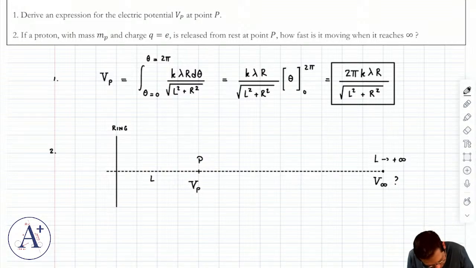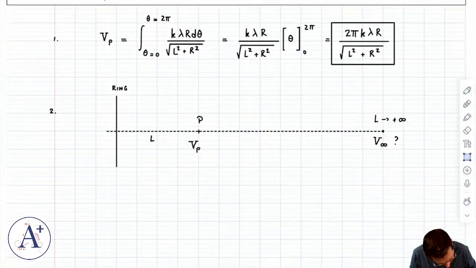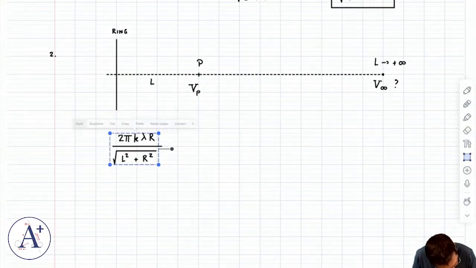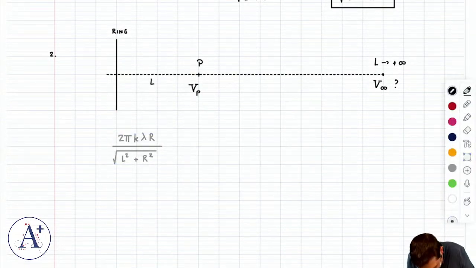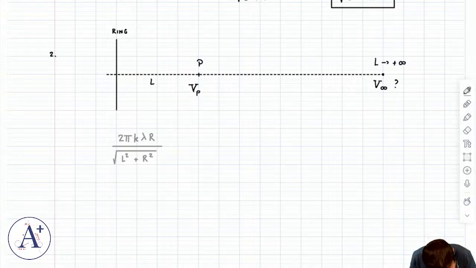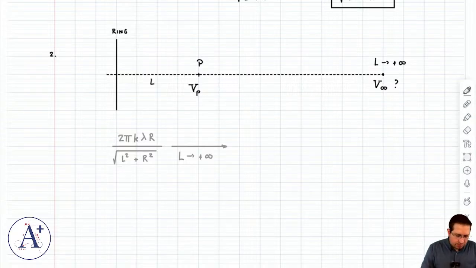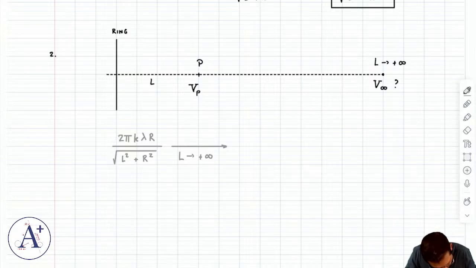Okay, so this is a little bit of math. Let's do it down here, and change the color, because this is a sidebar. We're going to take the limit as L approaches infinity. As L approaches infinity, it is going to dwarf R. So L squared will be much bigger than R squared.